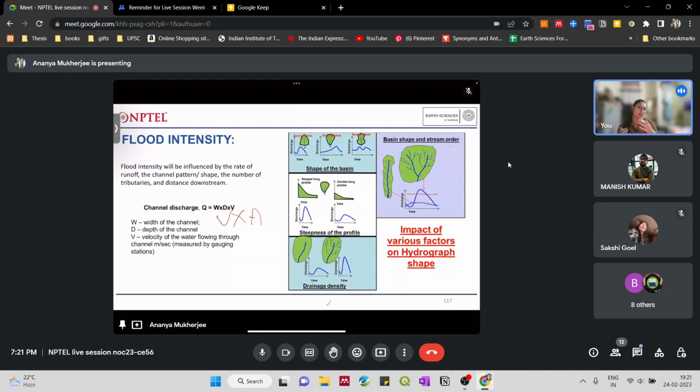If there is a steeper slope present in that area, the chances of floods would be higher, because there's a sudden kind of input due to the steeper slope. Okay, so these are some factors that are going to govern how intense the floods are going to be.